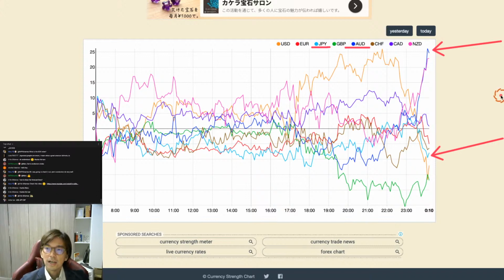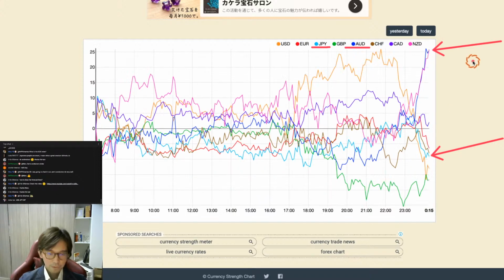Or you can take NZD JPY too. Well, I'm not a big fan of NZD pairs because NZD pairs are quite spiky in lower time frames. So I get stopped out many times in these lower time frames, especially the 5-minute chart on NZD is very tricky. So I prefer avoiding taking NZD pairs.